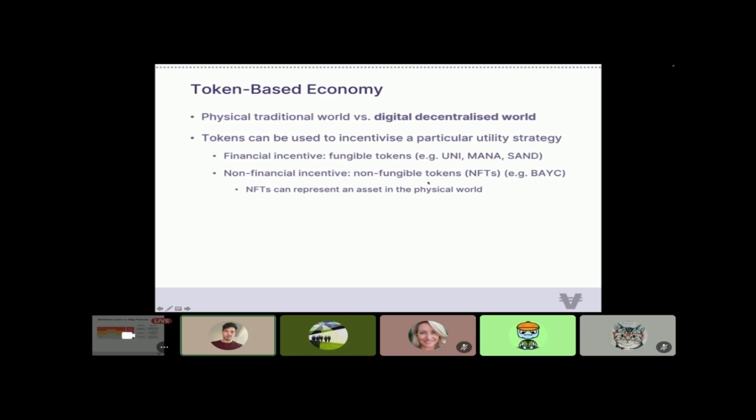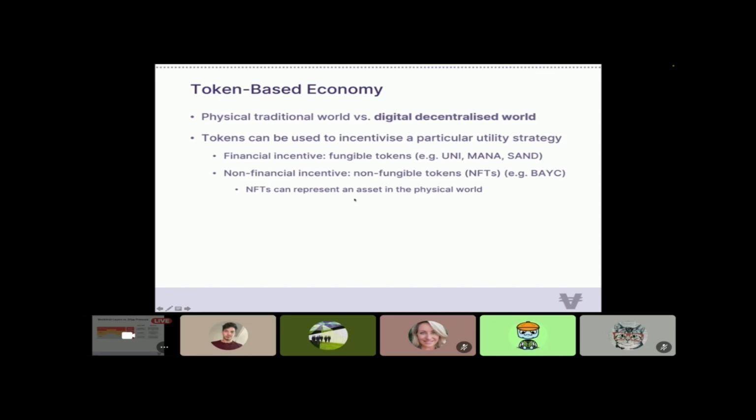Non-fungible tokens are tokens that are unique and cannot be directly replaced by one another. So one NFT might have the same price on OpenSea, but they're not the same, so they cannot be replaced. And then you have Bored Ape Yacht Club, which is a very famous NFT project.